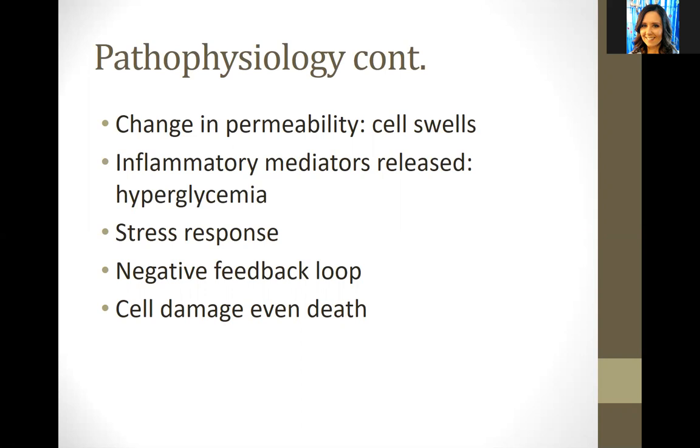Also, inflammatory mediators are released, so the stress response: cortisol, catecholamines, and glucagon are all inflammatory mediators. They cause hyperglycemia and insulin resistance. Remember, if we don't have insulin or we can't use insulin, we can't get glucose into our cells.